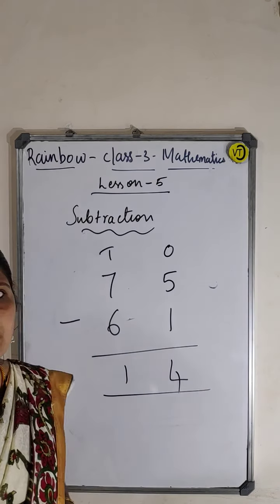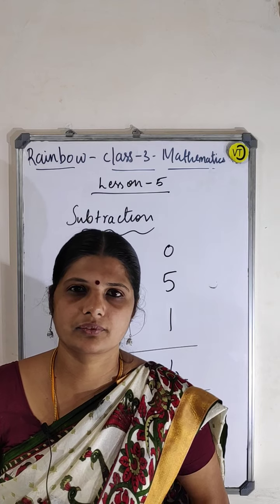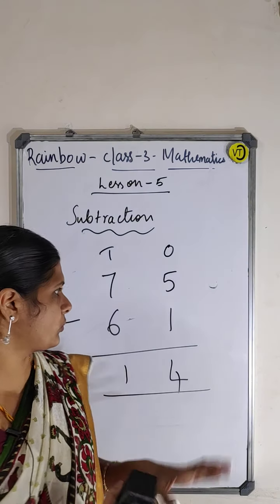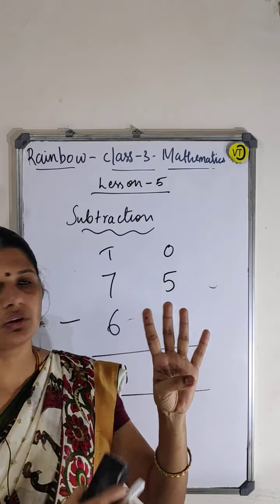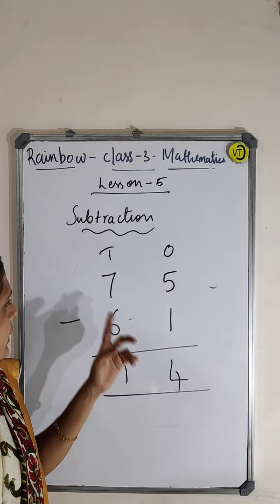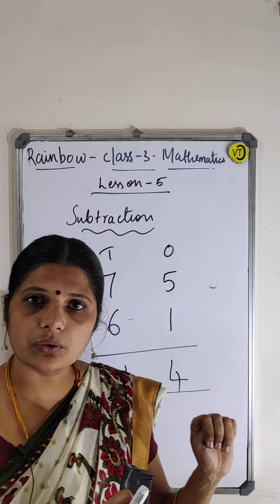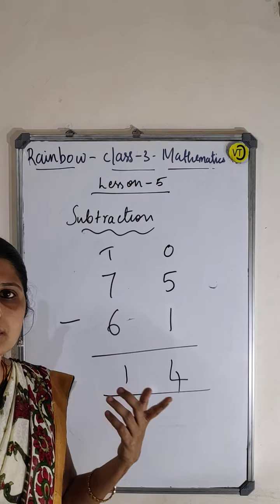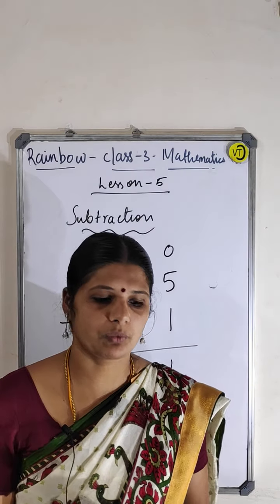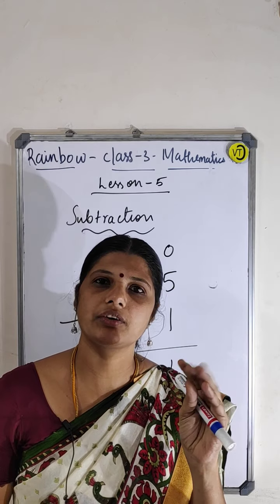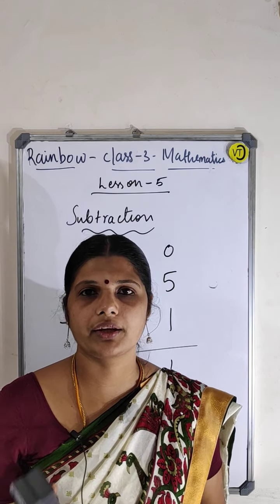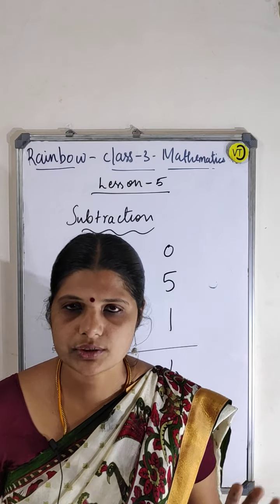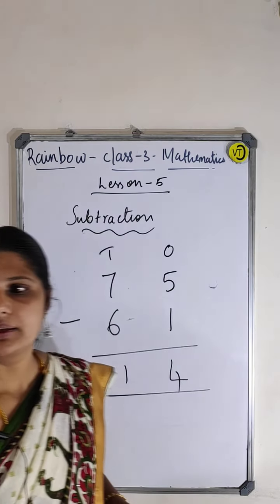So 14 is your answer. It's very easy. If 5 ones are there and 1 is taken away, the remaining is 4. Then 7 will be there, 6 is going, the remaining is 1. This way you can find it; you can also use your fingers. Without regrouping, you can use your fingers and solve the problems very easily.